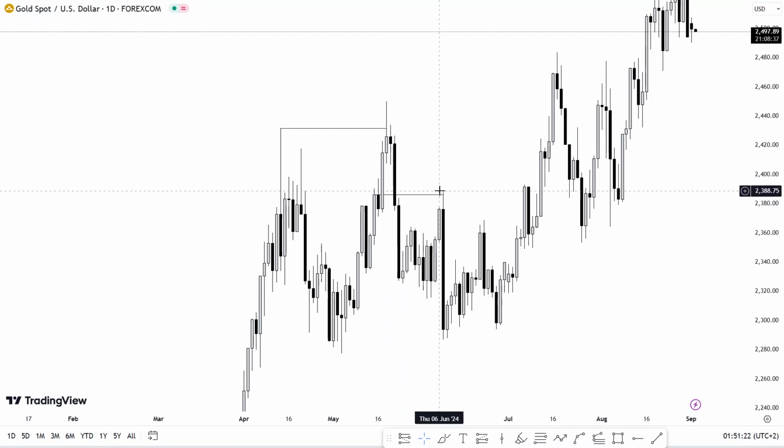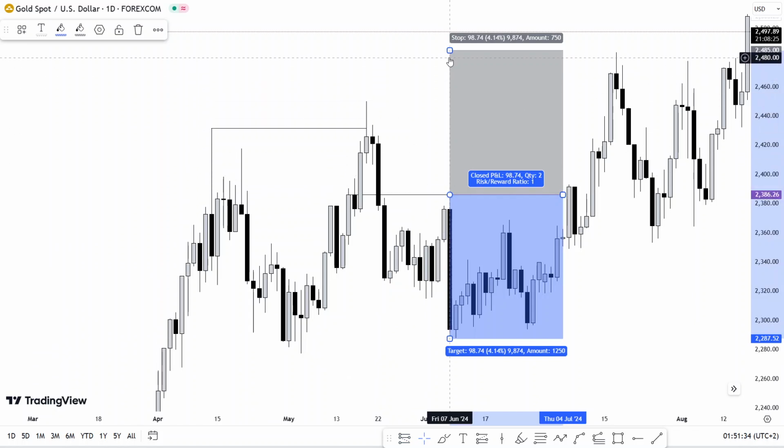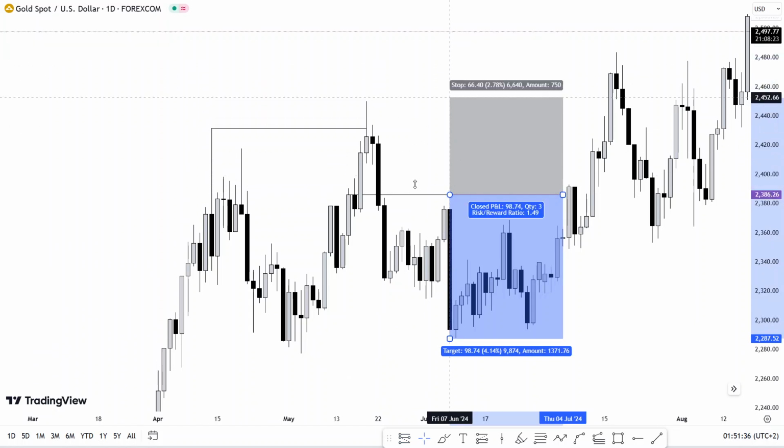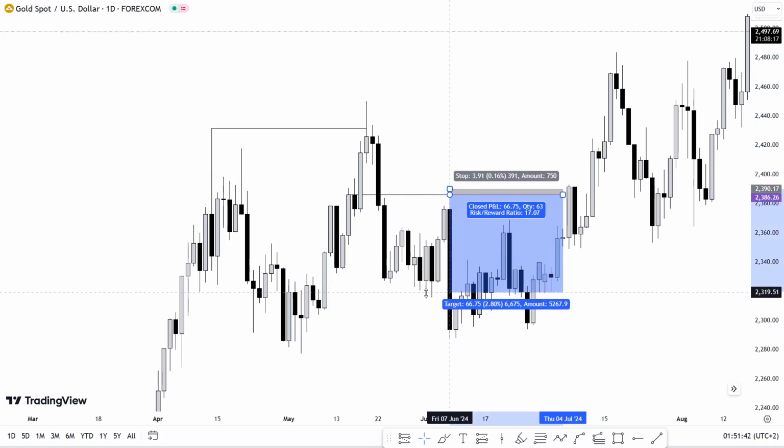Then we had a beautiful sell from here. Let's just say I'm not gonna do entry models here. Let's just say all of the trades that you take with confidence, you just take with a 30 pip stop loss, just like that. Then mark up your 30 pip stop loss, and target this area right here.